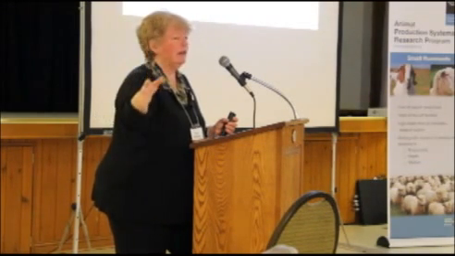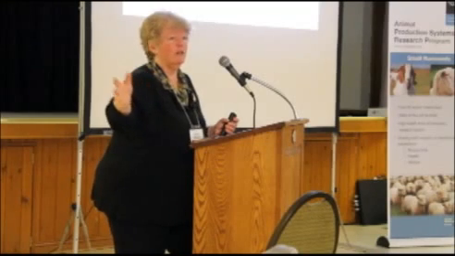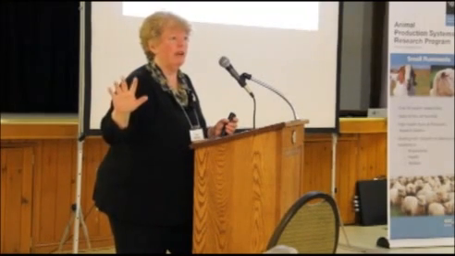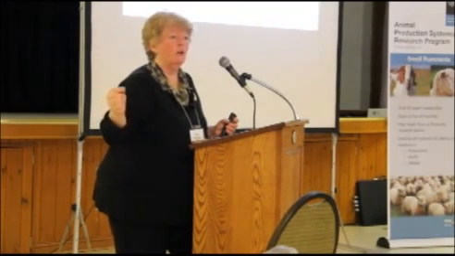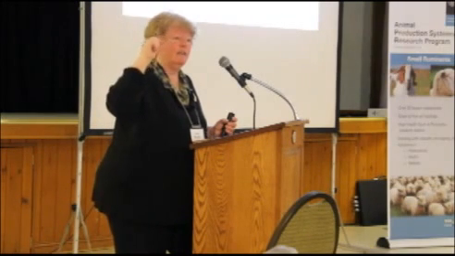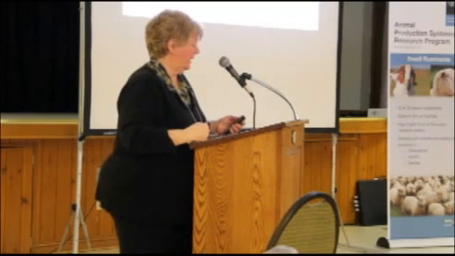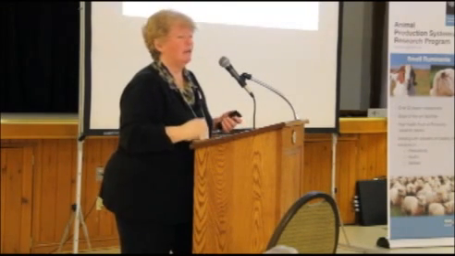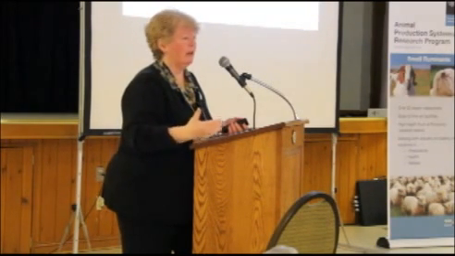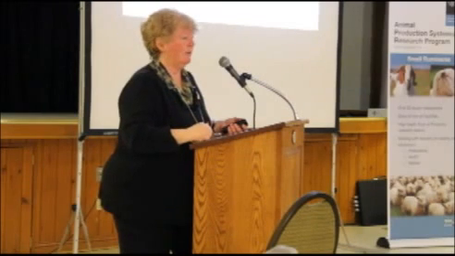There might be lots of Teladorsagia, lots of Trichostrongyles, but there's no Haemonchus refugia out there on the pasture. The only refugia for Haemonchus is in the sheep or the goat. And that's very important to remember.